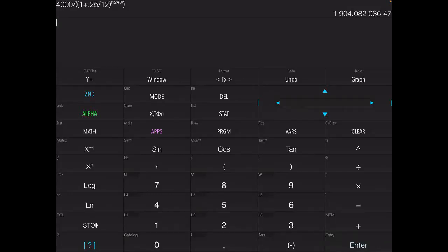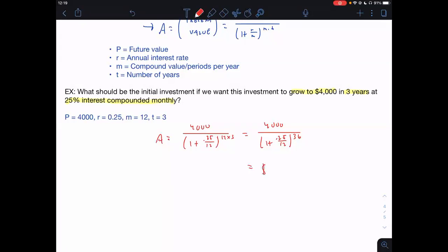Again, round to the nearest cent. So if we want this investment to grow to $4,000 in 3 years at a high interest rate of 25%, compounded 12 times per year, then our initial investment should be $1,904.08, roughly around that amount.